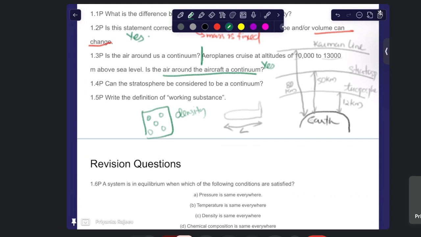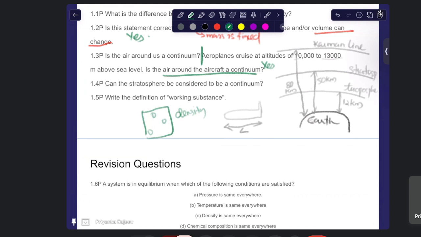So as we go higher up the atmospheric layers, you can see that the density is lowering. That means the matter is lowering. That means the molecules, once densely packed, all of a sudden there will be very few molecules in that place. That means you have got a larger mean free path length, right?